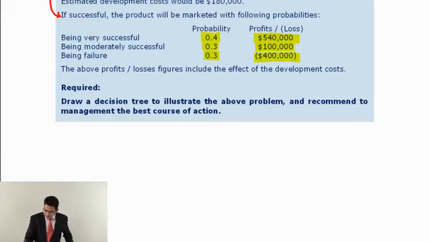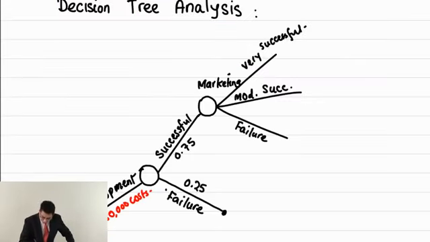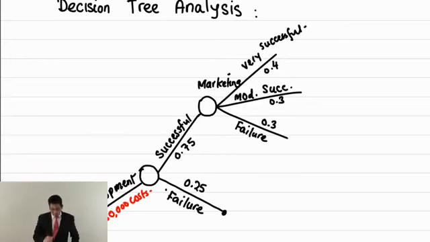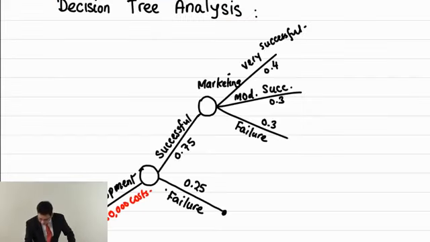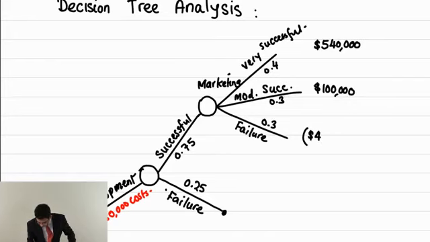So probability is given 0.4, 0.3 and 0.3, and the profit and loss values are given as well, 540, 100, and a loss of 400,000.